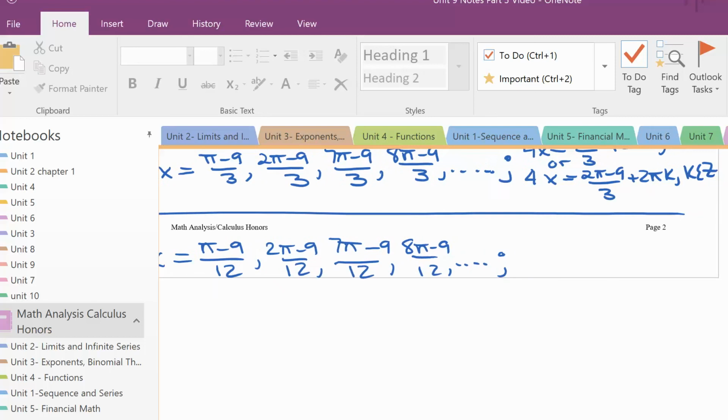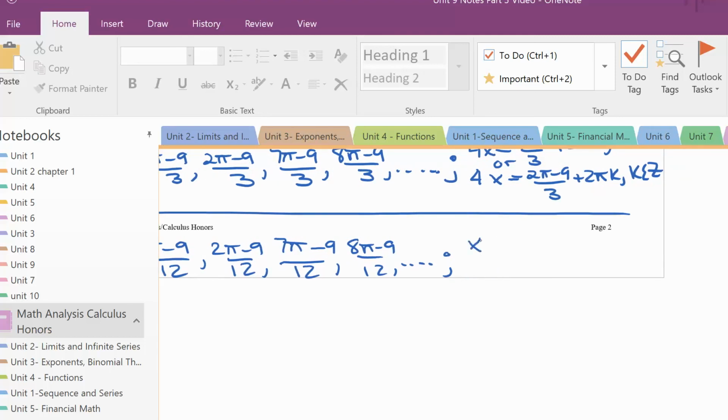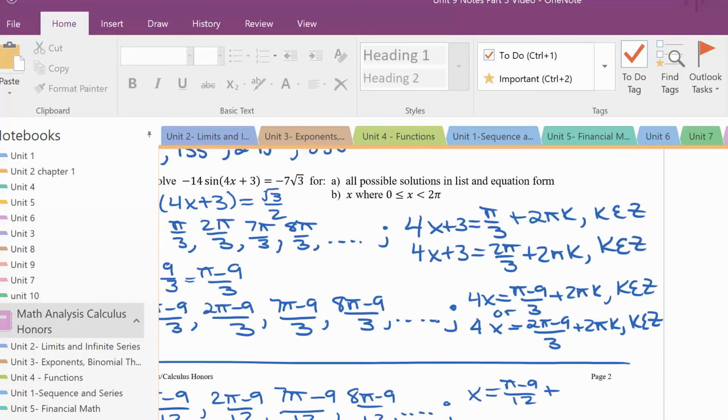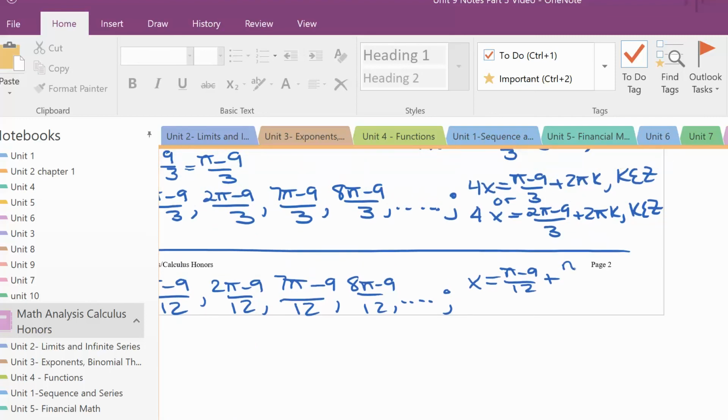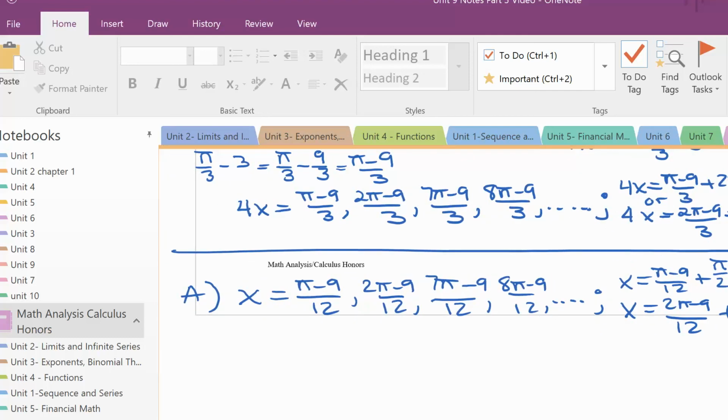Our equation, when we divide by 4, x is going to equal pi minus 9 over 12 plus, and when you divide 2 pi by 4, you get pi over 2 times k, where k is an integer. And it's also going to be 2 pi minus 9 over 12 plus pi over 2 times k, where k is an integer. So that's part A. Those are your equations.